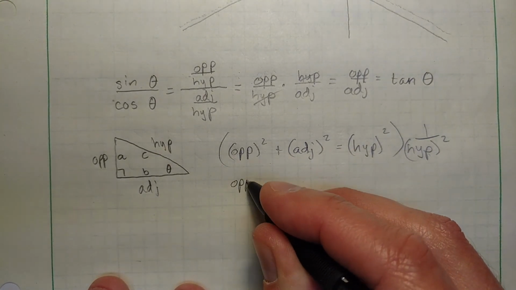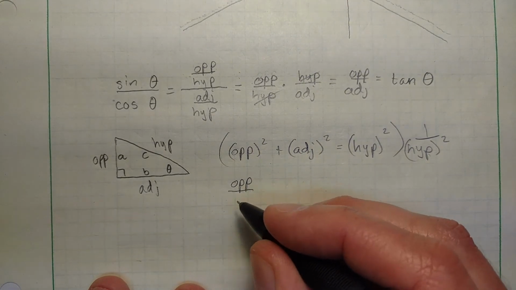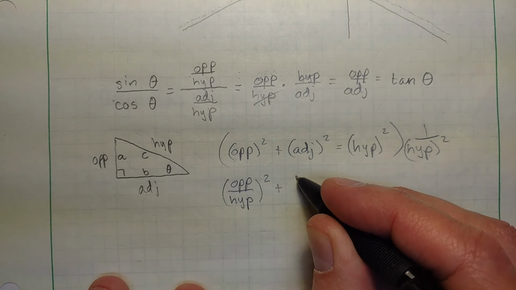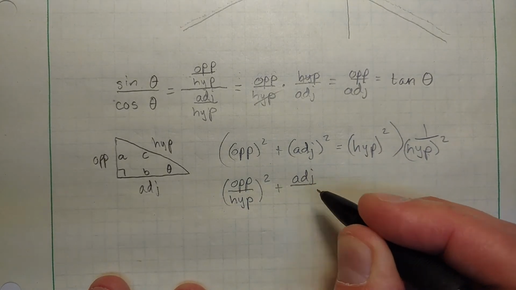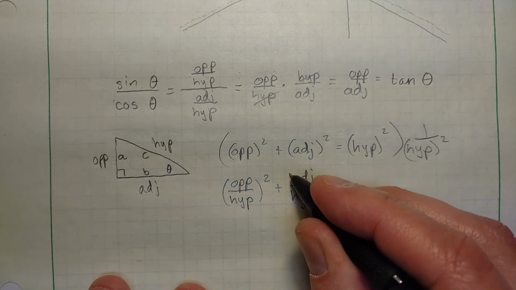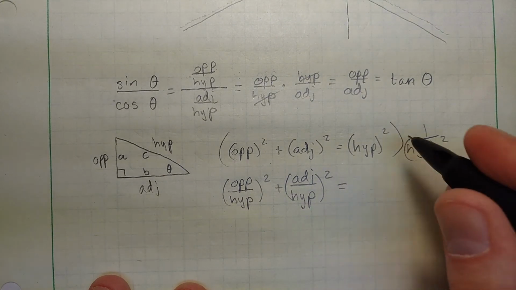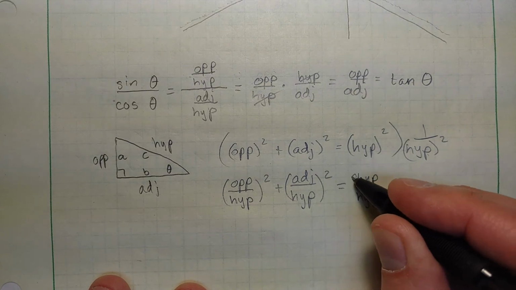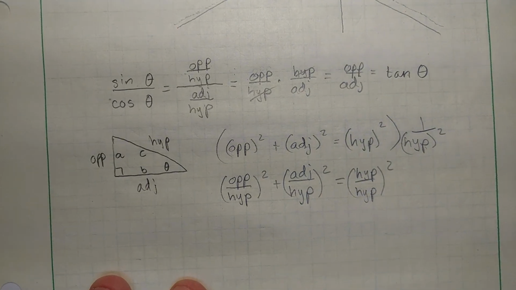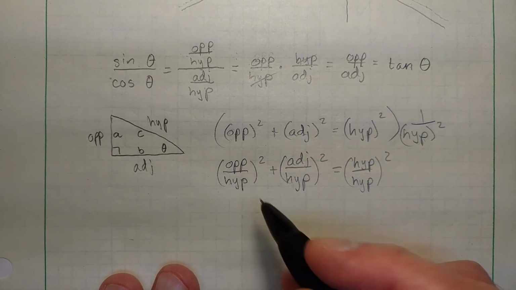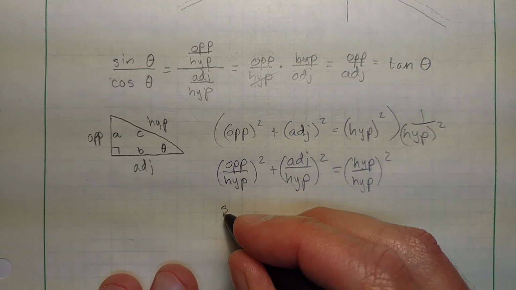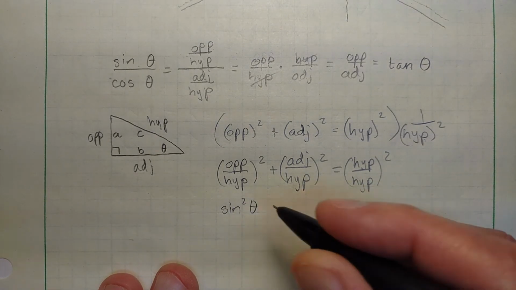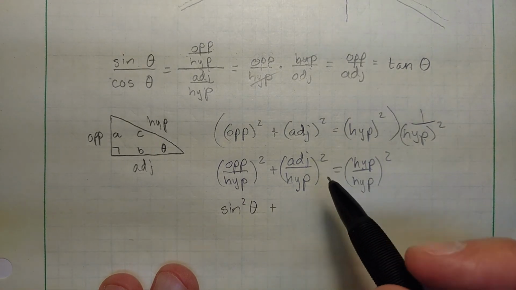So I get the opposite over the hypotenuse squared plus the adjacent over the hypotenuse squared is equal to the hypotenuse over the hypotenuse squared. Oh, look at these things. Opposite over hypotenuse, what's that? That's the sine.